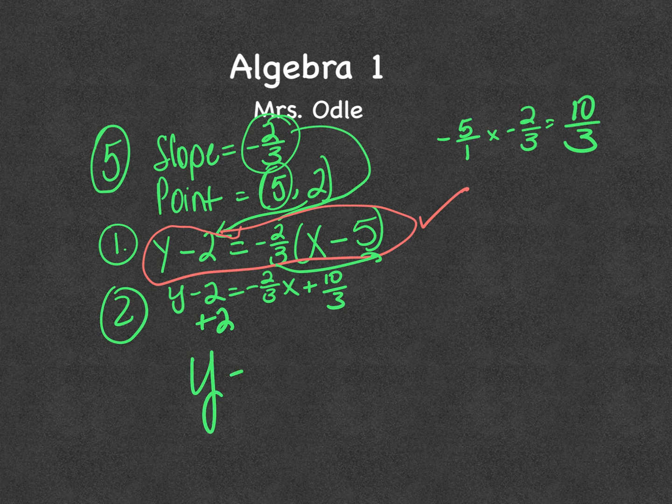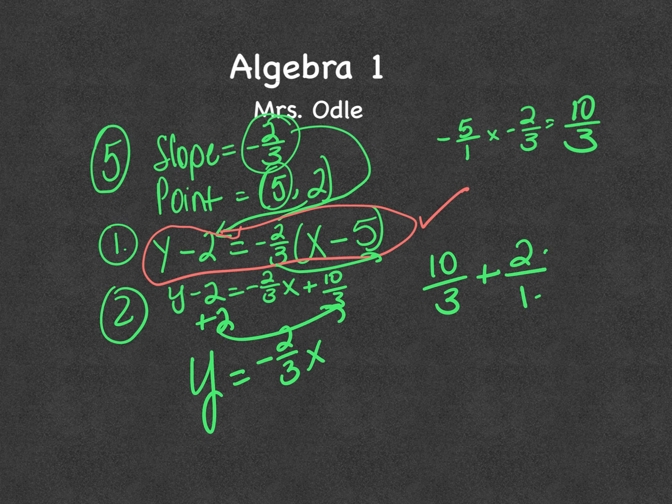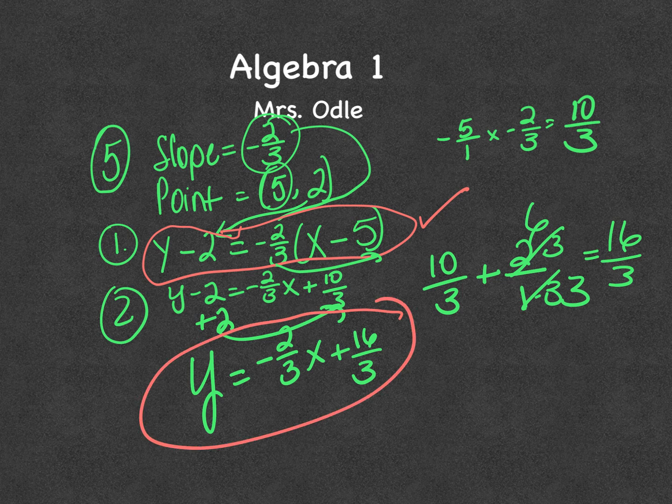So y equals negative 2 over 3x, and you're going to add 2 to 10 over 3, so 2 over 1. Remember, you've got to have a common denominator. So if you multiply this times 3, you get 6 over 3. Then you get 16 over 3. So plus 16 over 3, and this is your other answer. So those are the 2 answers that you will write.